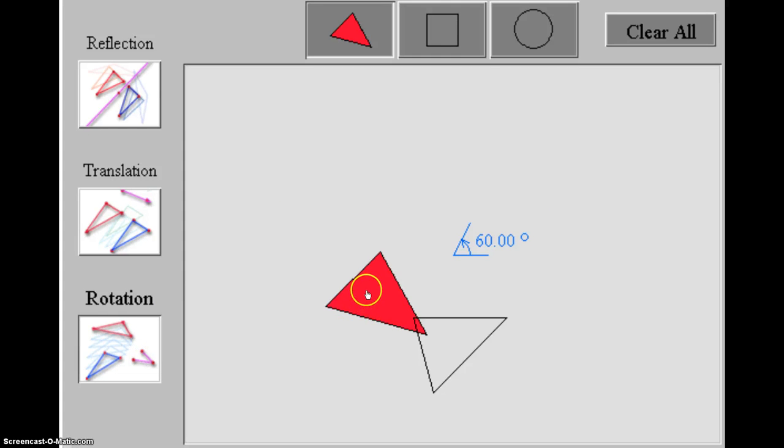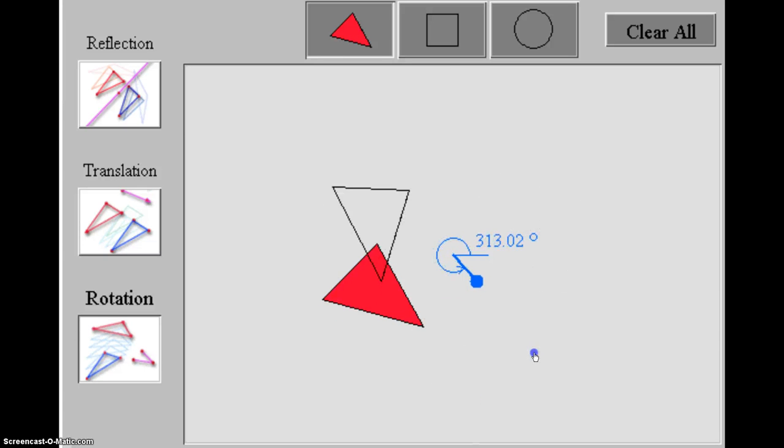Rotation's pretty interesting. If I take this and rotate it, maybe we'll start at 0 degrees. Okay, so this is where it started. If I want to rotate it around this particular point over here, notice how this triangle is going to go all the way around this point.